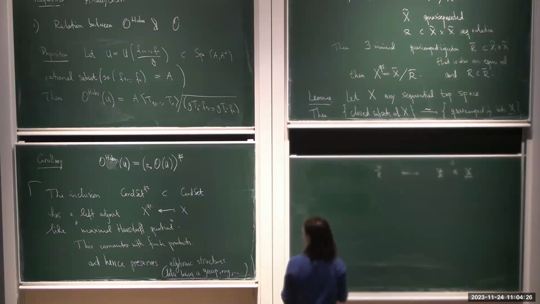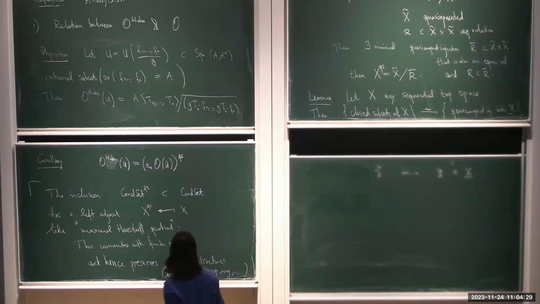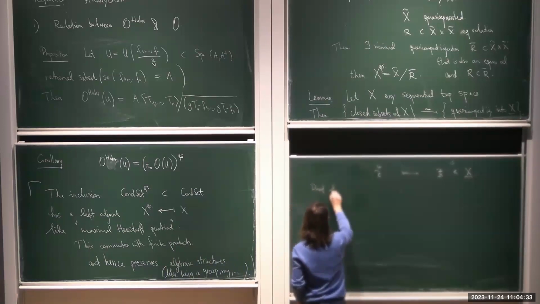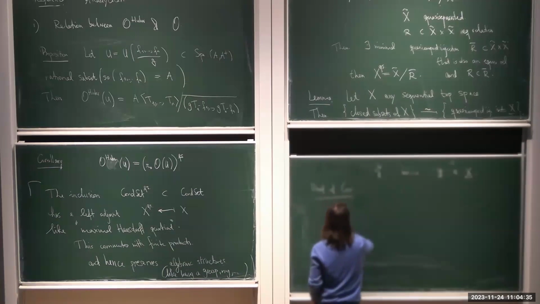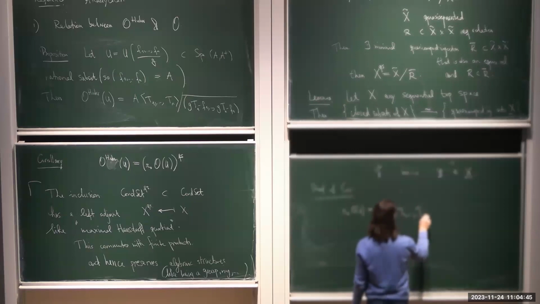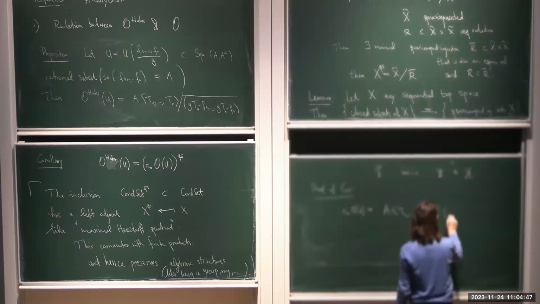And so, okay, back to the corollary. Well, what is phi zero for mu? Well, this is just the thing, and then you just take the actual constant.